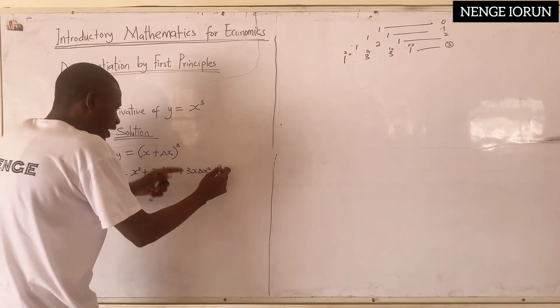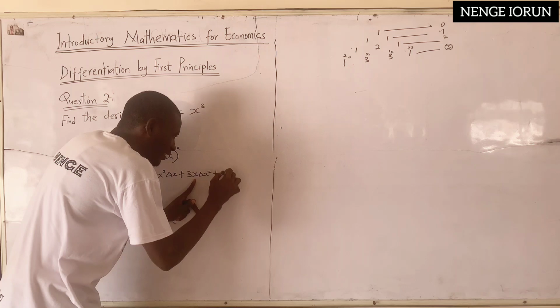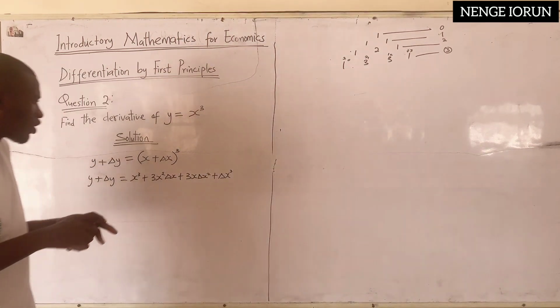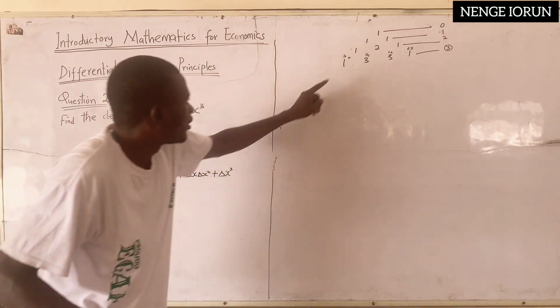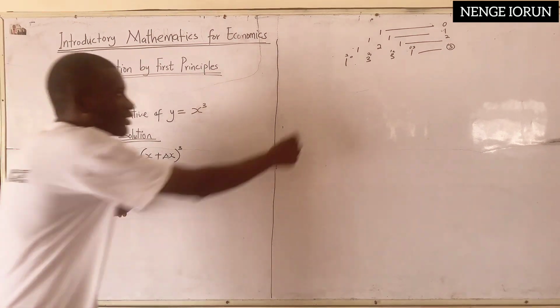That is, x will disappear totally. What you will have is delta x raised to the power of 3. If you look at the powers, the first power is 3, the other one is nothing, 0.